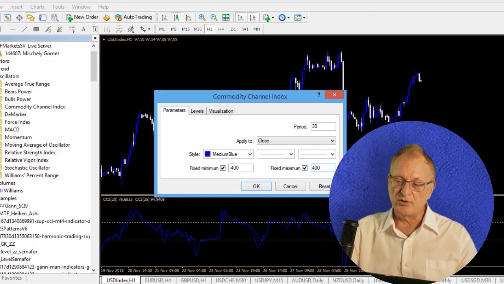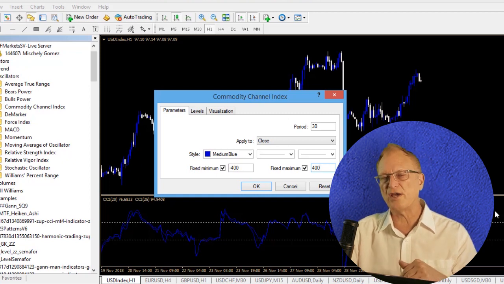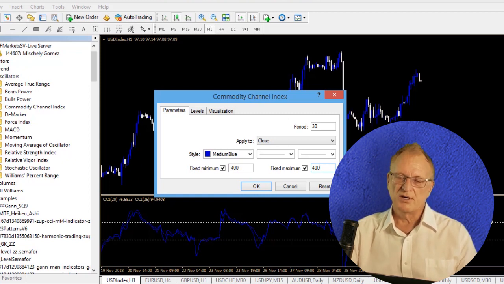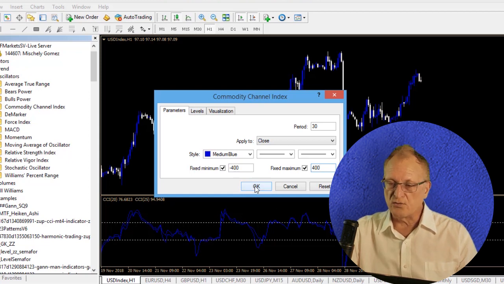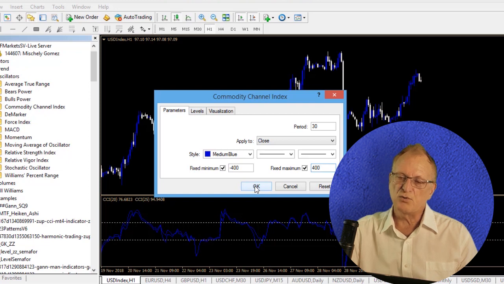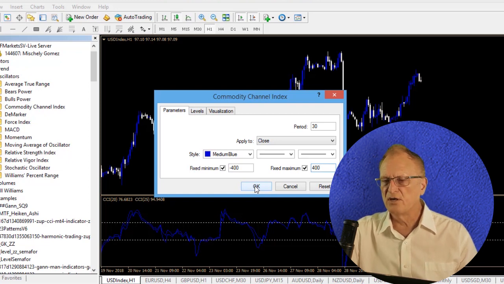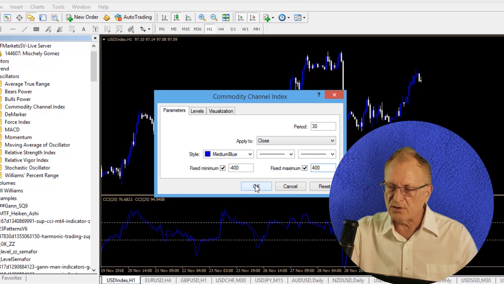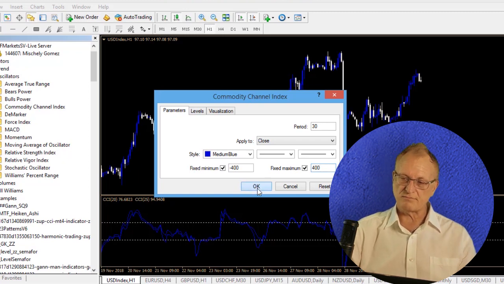And 400 is just an arbitrary number that you can use, negative 350, 400, or 450, or any odd number in between. You could put negative 379 or something. As long as you have the same number in all of the indicators is the only thing that really matters. If you are not sure what I'm talking about, try putting different numbers in there and look at it. You'll see what I mean.